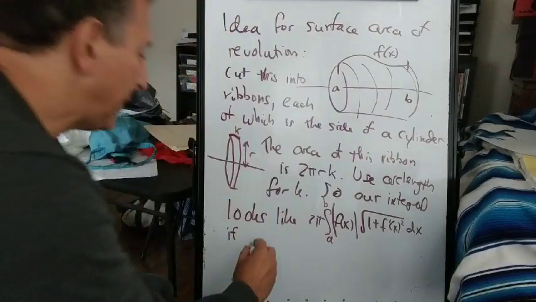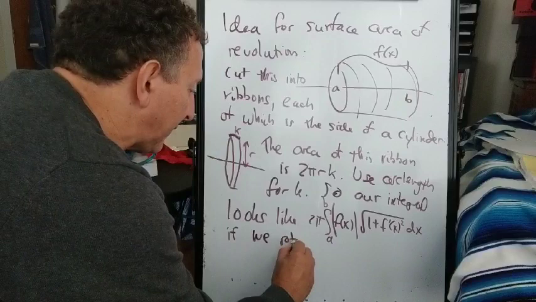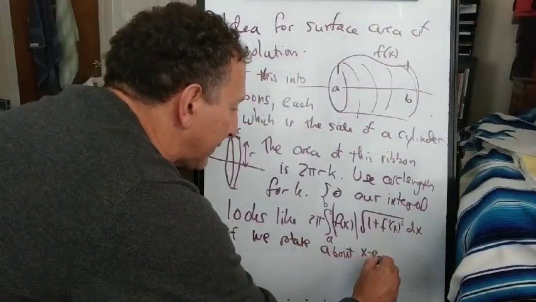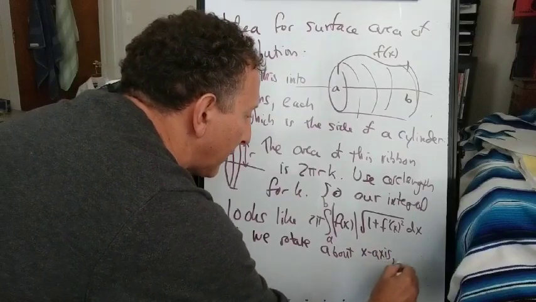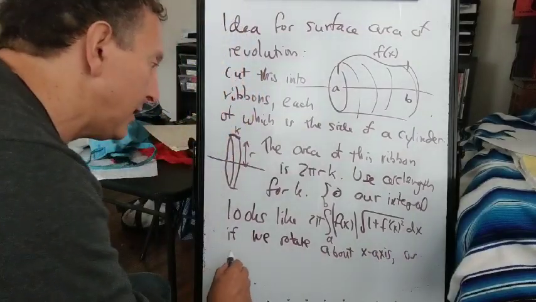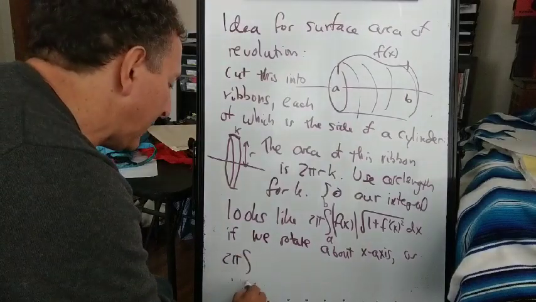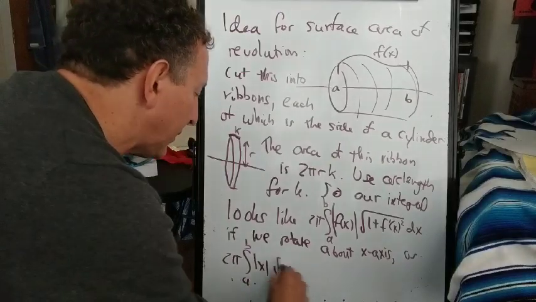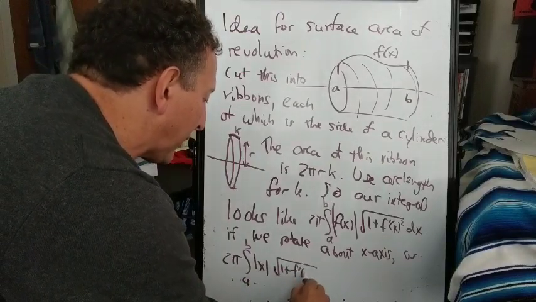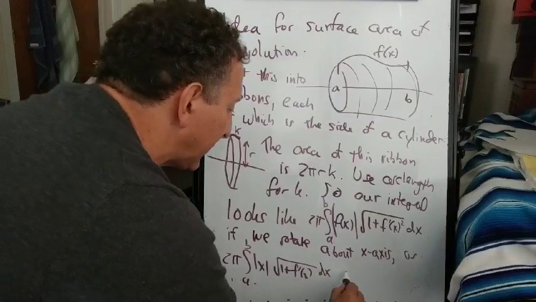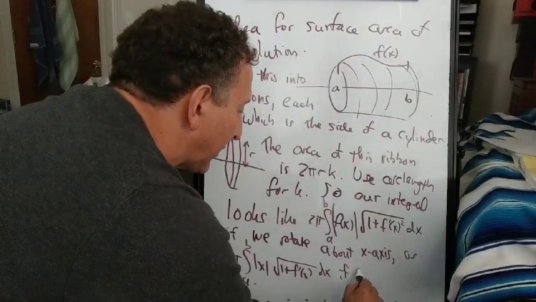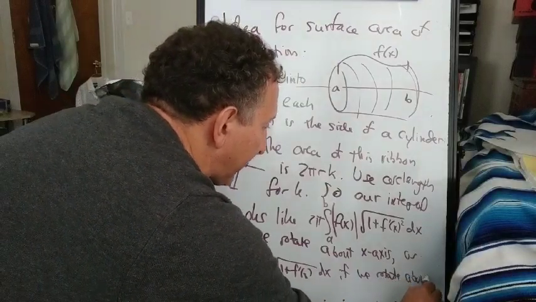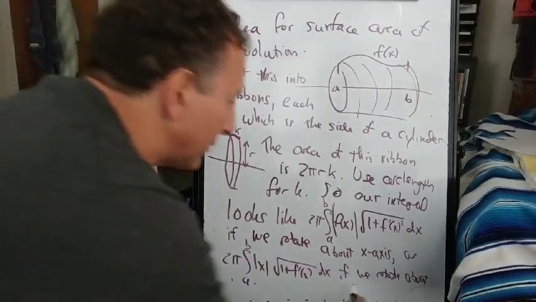That's if we rotate about the x-axis, or 2 pi integral of absolute value of x times the square root of 1 plus f prime of x squared dx, if we rotate about the y-axis.